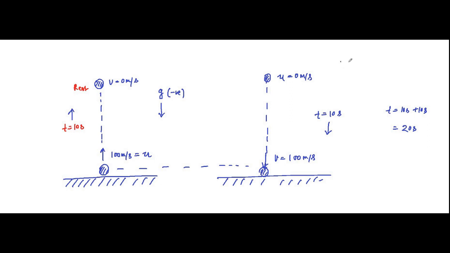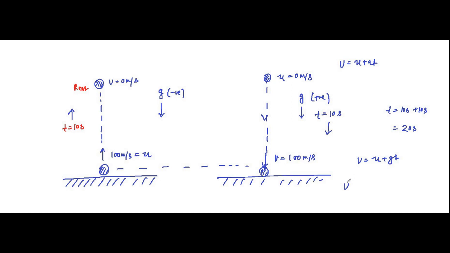During this downward motion, the equation will be v is equal to u plus at. Gravity is acting downwards, in the direction of motion, supporting it, so it will be positive. During the upward motion, it was against the motion because the ball was moving upwards and gravity was downwards, that's why it was negative. So here it will be v is equal to u plus gt.